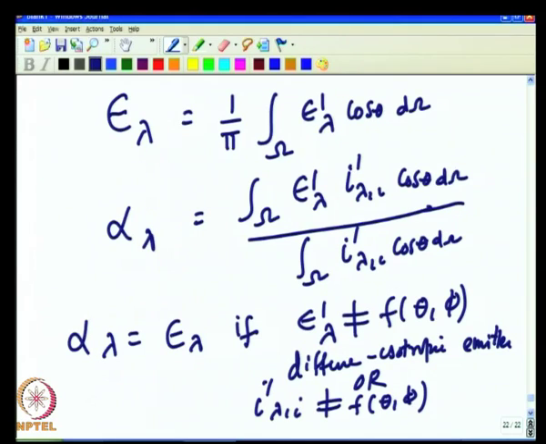So, to conclude, in this lecture we have focused on properties of blackbody radiation and the properties of real surfaces. We defined emissivity and absorptivity at the most basic level, and then we invoked Kirchhoff's law, which says that the directional spectral emissivity equals the directional spectral absorptivity.